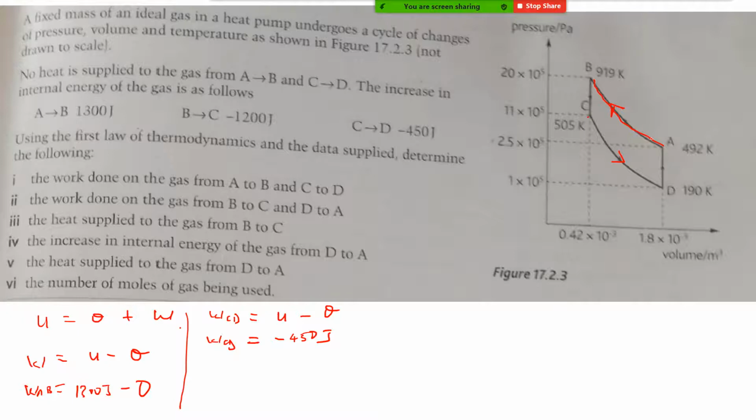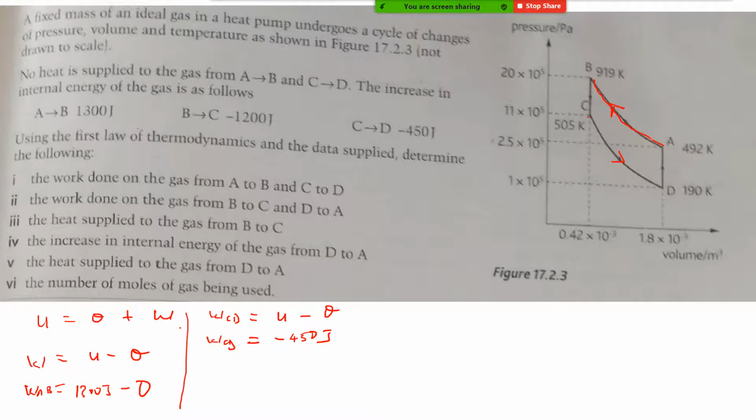By manipulating the equation, or transposing it to make the work the subject, it shows us that the work is equal to the internal energy minus the heat. Heat is equal to 0, so in a sense, my work is equal to my internal energy. All right? And I expect that the work is going to be positive because you're doing work on the gas, right?